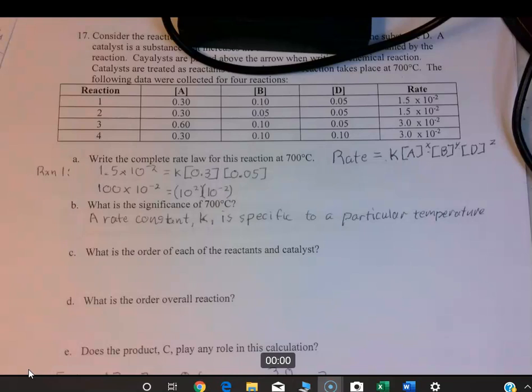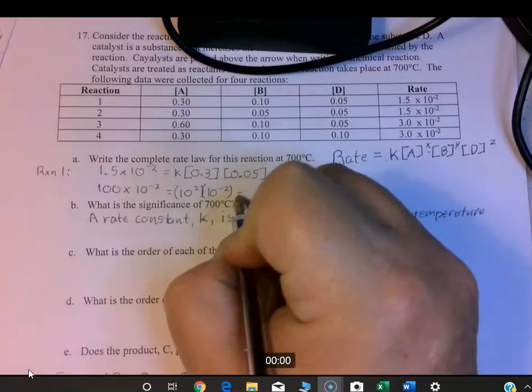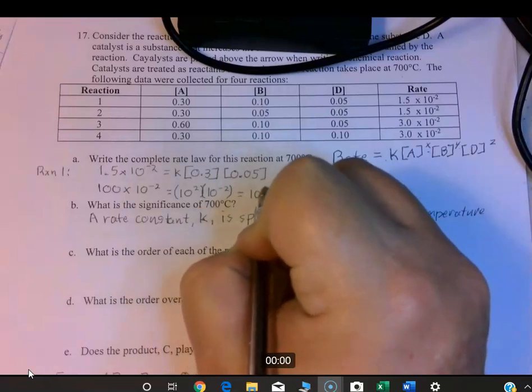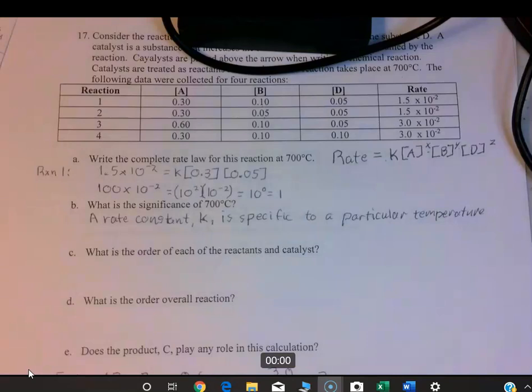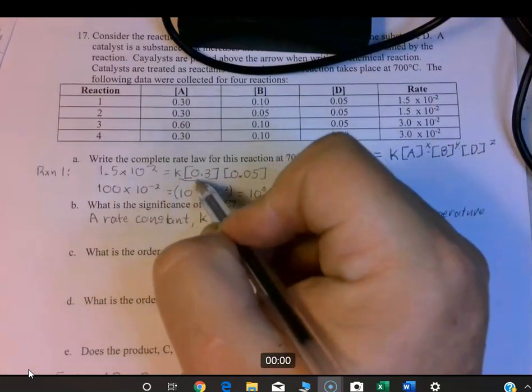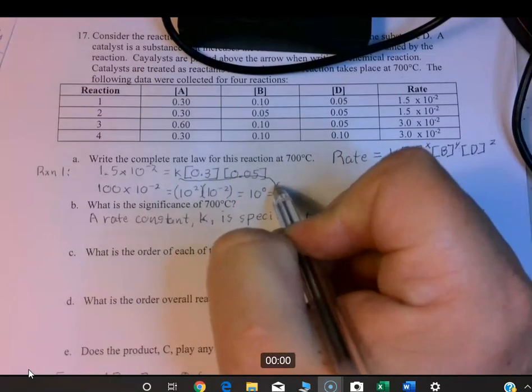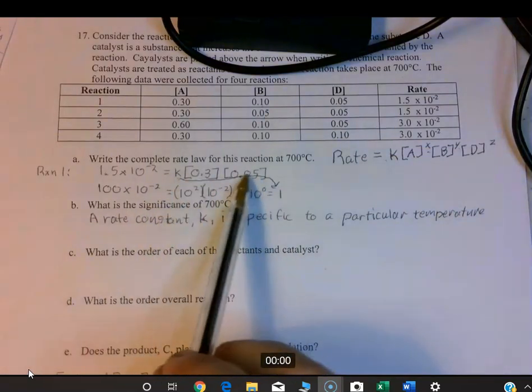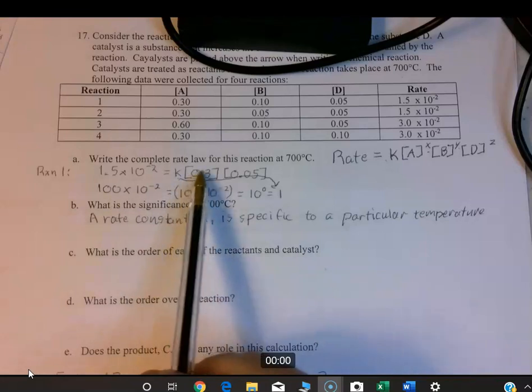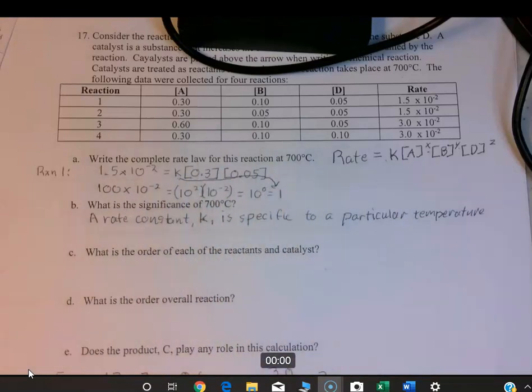You add them. 2 plus negative 2 is 0. So it equals 10 to the 0, which equals 1. So that means our equilibrium constant K, this number, is 1. So it means you don't even have to write it, because if it's 1 times this, you don't write 1 times something. It's not there anymore.